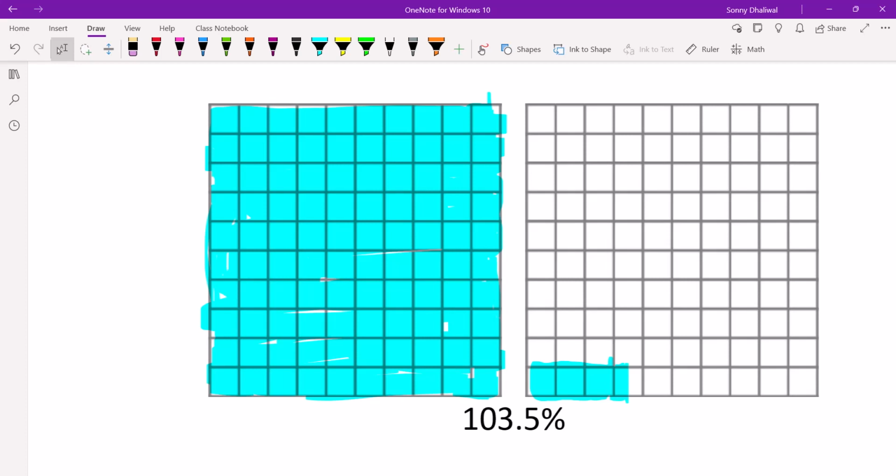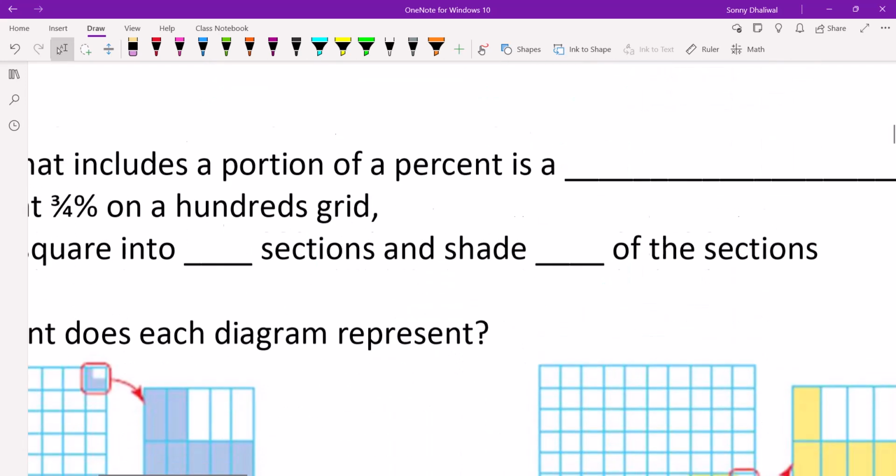So what happens is when we have the decimal percentage, we do a zoomed in square. So we're going to do that on the back side.